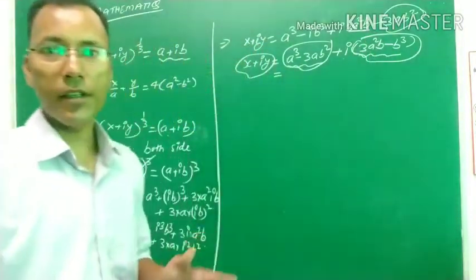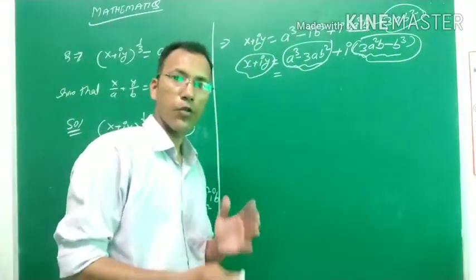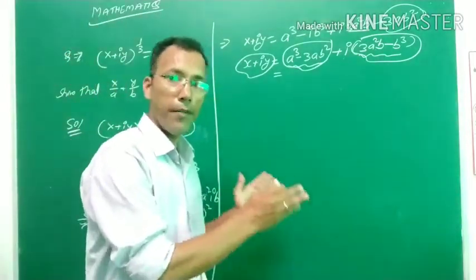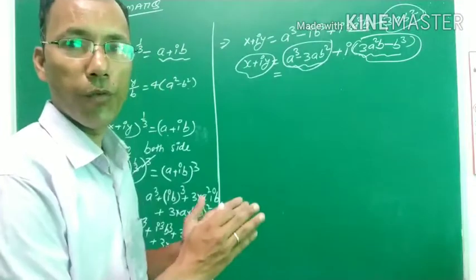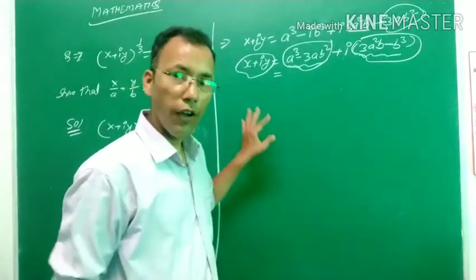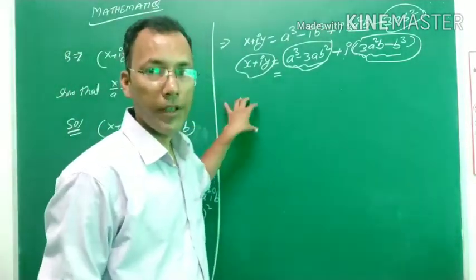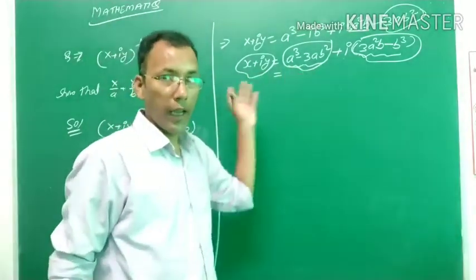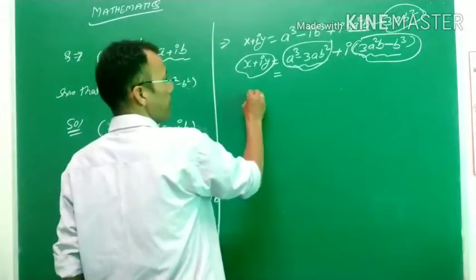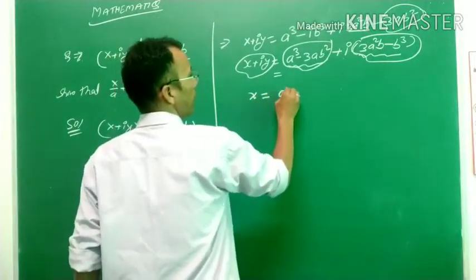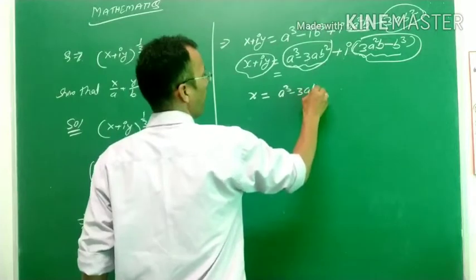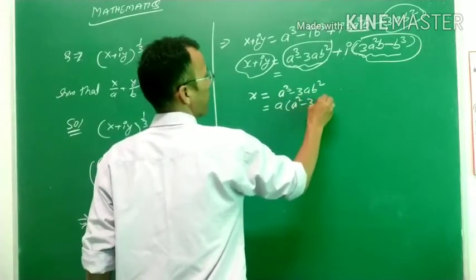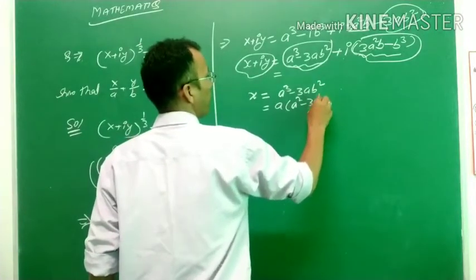So that means the real part must be equal to the real part and the imaginary part must be equal to the imaginary part, if and only if these two complex numbers are equal. Now the real part: x is a cube minus 3ab square, or if I take a common, a into (a square minus 3b square).